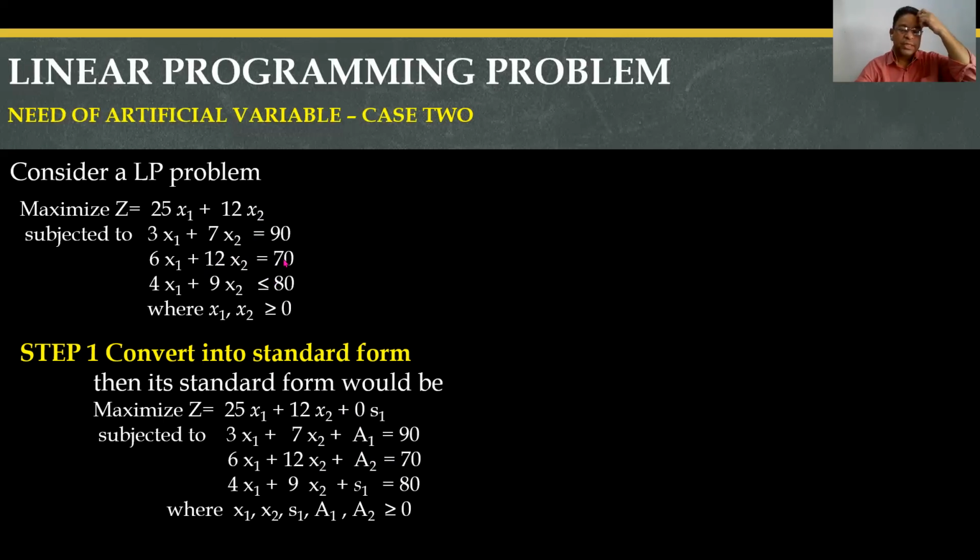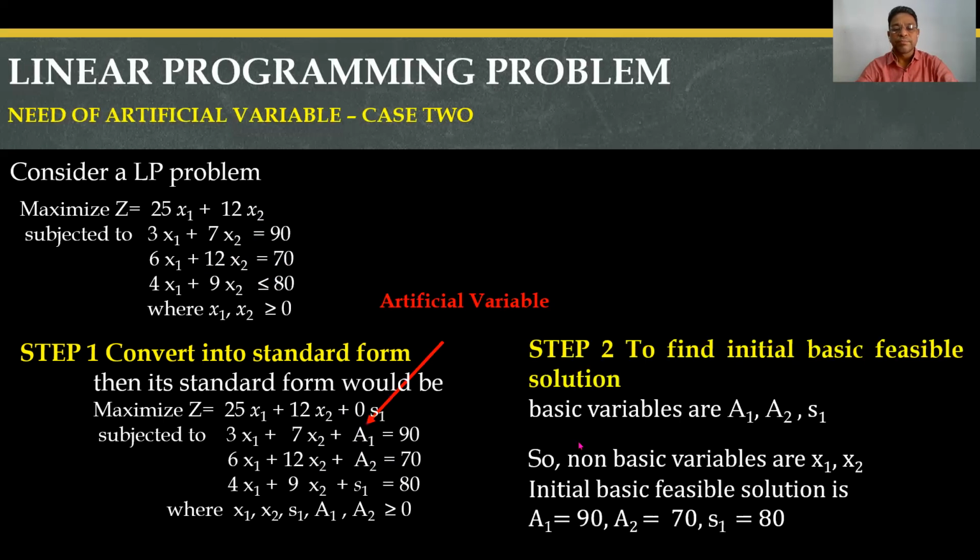Because of this, our initial basic feasible solution has a1, a2 and s1. Here a1 is a basic variable, a2 is a basic variable and s1 is a basic variable, and we get the value of a1 equal to 90, a2 equal to 70 and s1 equal to 80. So we are able to solve this now because we have an initial basic feasible solution.